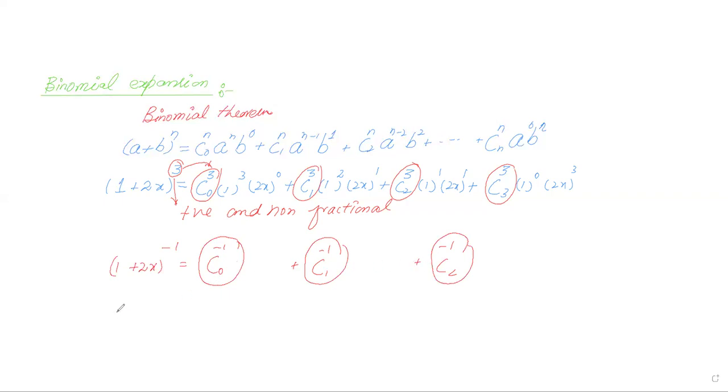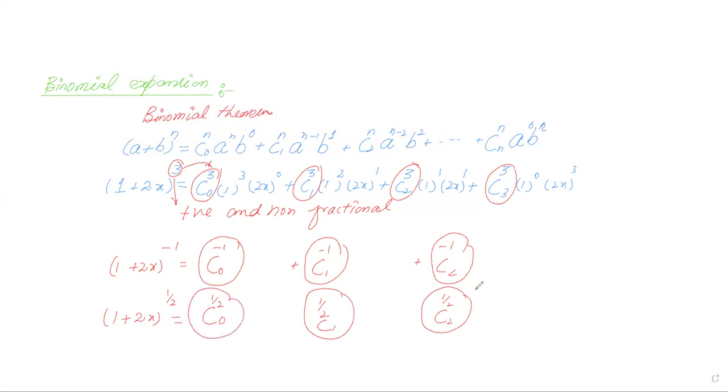Similarly, if I have (1 + 2x) raised to power 1/2, then I have (1/2)C0, then (1/2)C1, then (1/2)C2. Again, these values will not be given by the calculator.